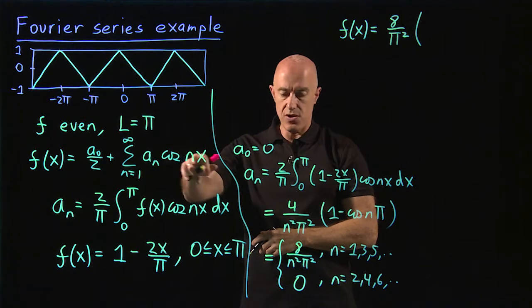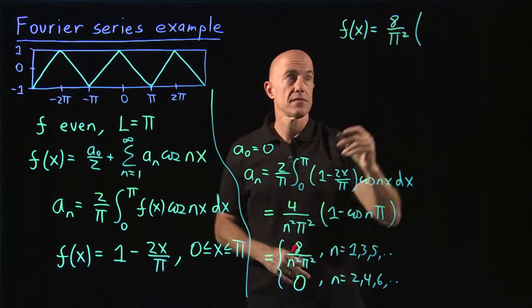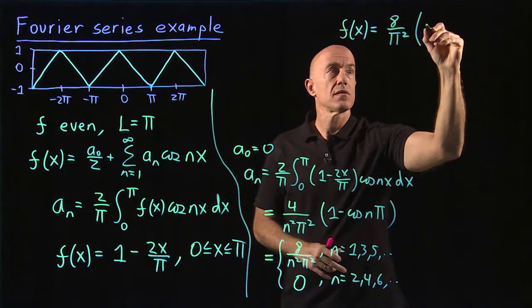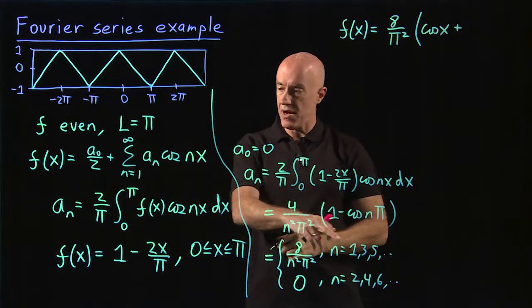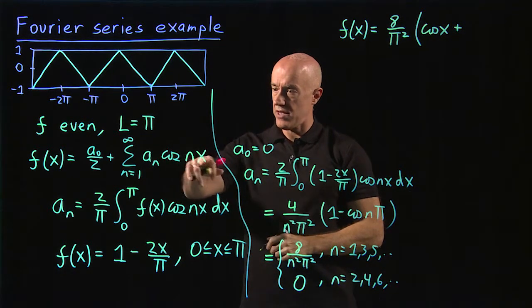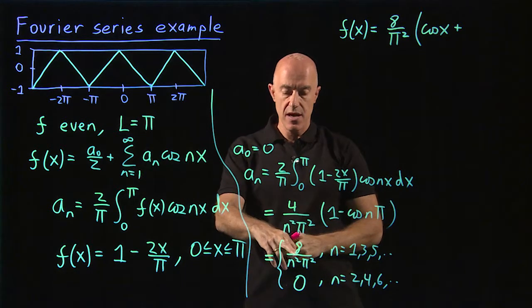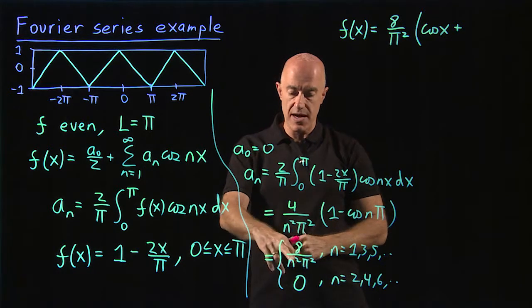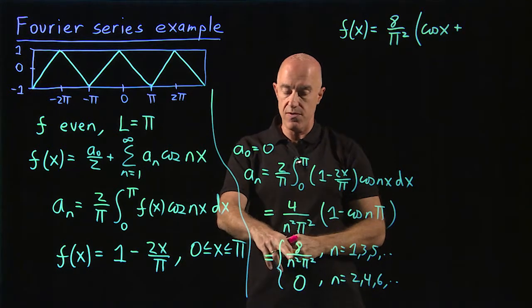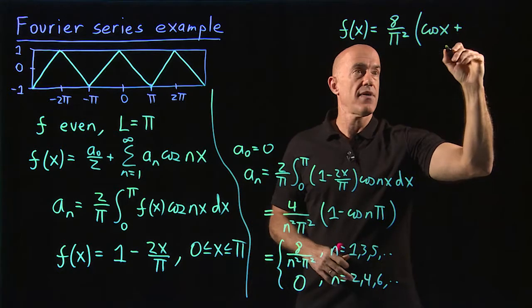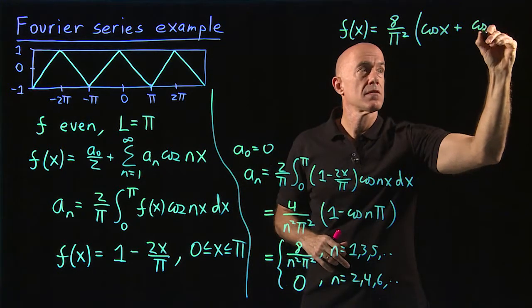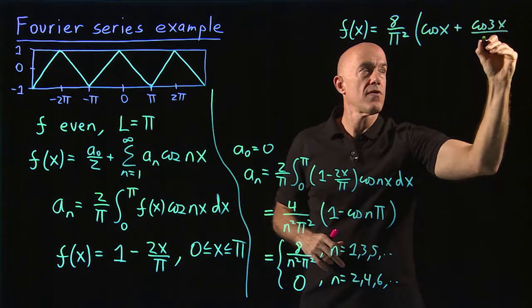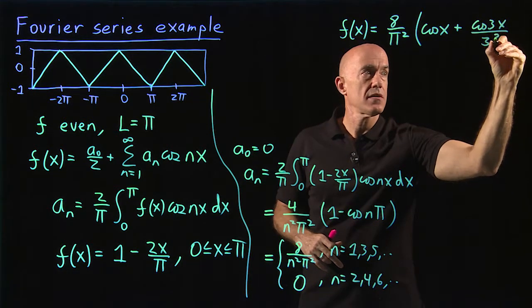So we'll have a cosine x. The second term will correspond to n equals 3 here. So we'll have a cosine 3x times a3. I already factored out the 8 over pi squared, so we just have a 1 over 3 squared. So we have a cosine 3x over 3 squared.